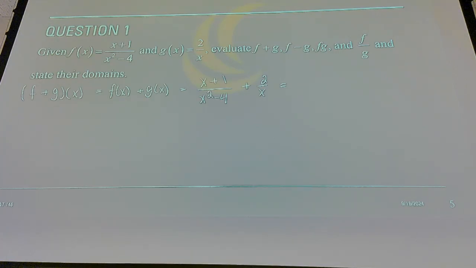Adding fractions, what do you have to do? Get a common denominator. Common denominator. More specifically, you look for what common denominator? The least common.